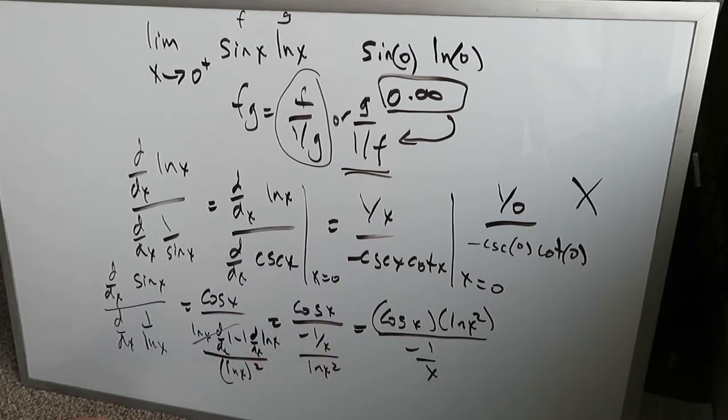When you flip this around, this minus 1 over x can flip such that the x will attach right here in the numerator, bringing the minus with it. You get a minus here and then the x comes over here, and you're plugging in your x equals 0. Cosine of 0 is a 1, but natural log of that 0 is undefined, but the 0 affects here in terms of the x, and you get a 0, and everything zeroes out eventually in the end. And that ends up being the limit for this question.